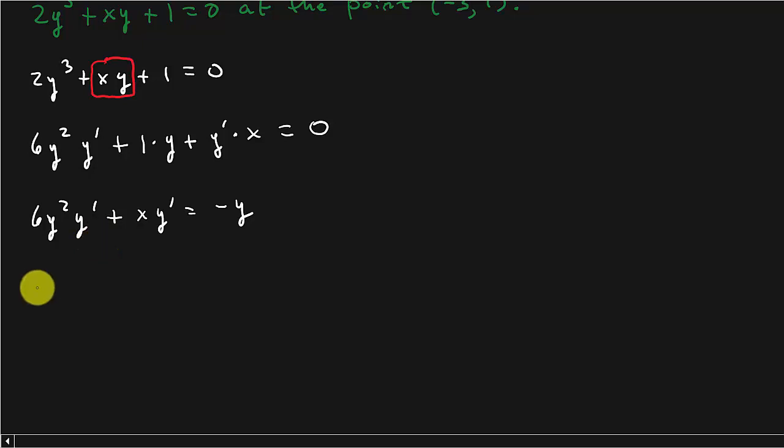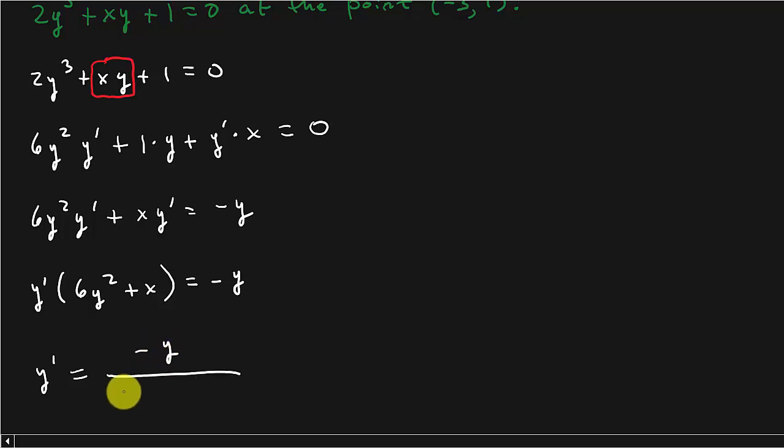You can do that too, but let's just go ahead and factor it out here. 6y squared plus x equals negative y.